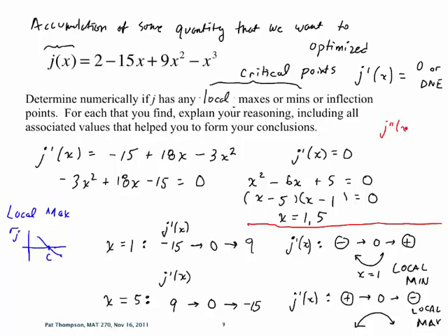Find the second derivative. What is it equal to? Back to the first derivative, 18 minus 6x. At x equals 1, so j double prime of 1 equals what? 12.